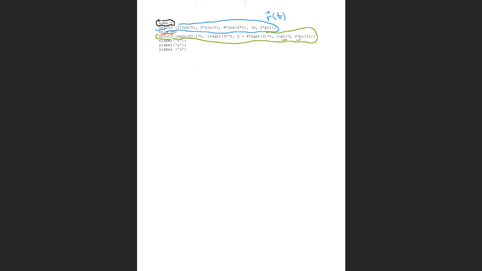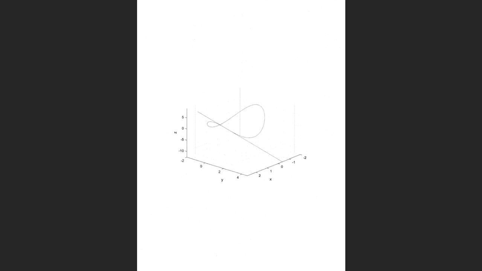Incidentally, for the space curve r of t, I restricted t to go from 0 to 2 pi because the trig functions have periods of 2 pi or less. Okay, so that's how that works.